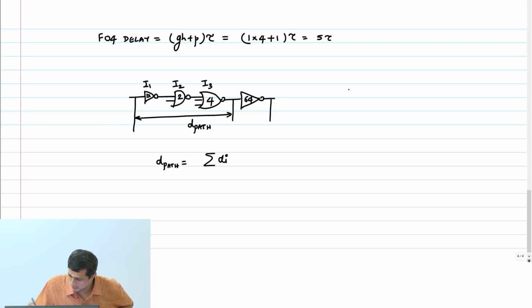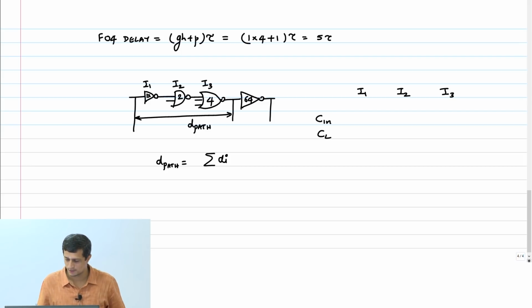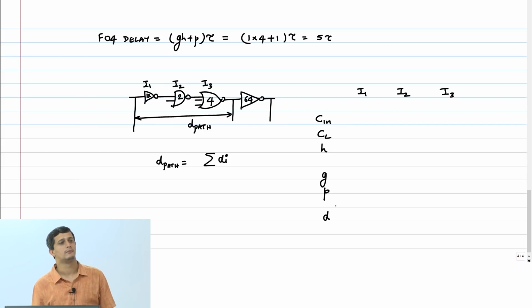I am going to now write a large table and we have to fill out these numbers for I1, I2, I3, C in, CL, load capacitance, electrical effort first, then logical effort, parasitic effort, finally delay.